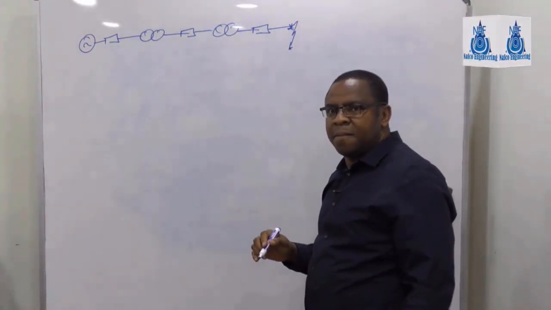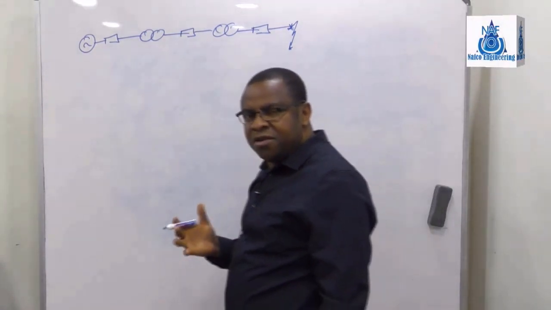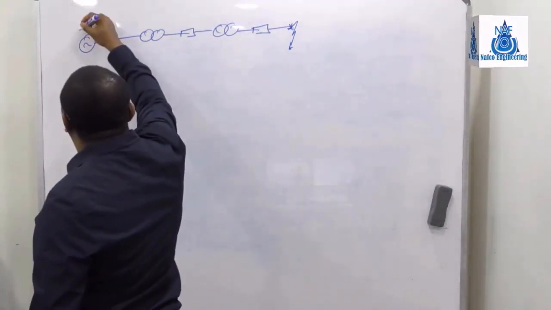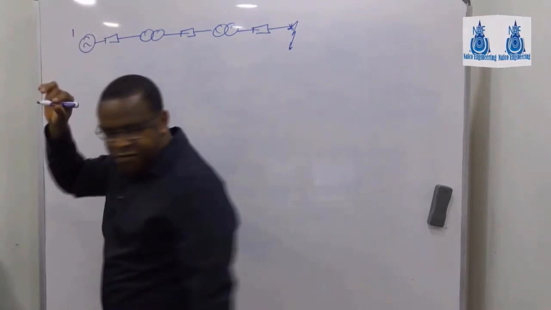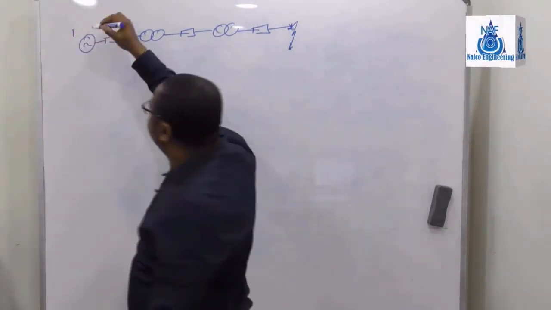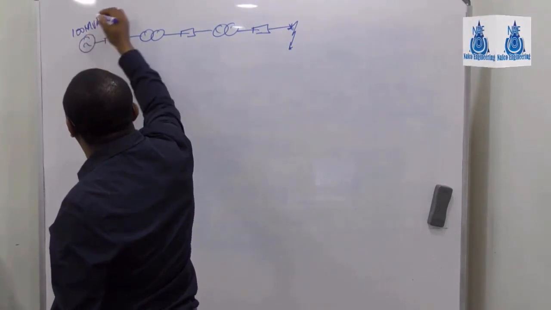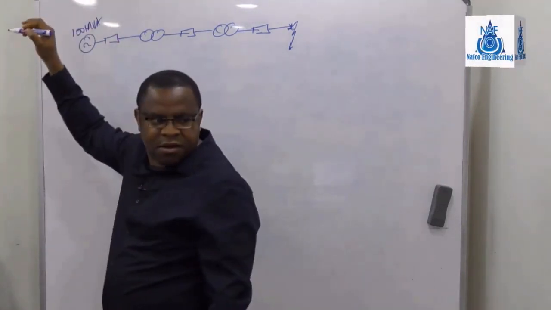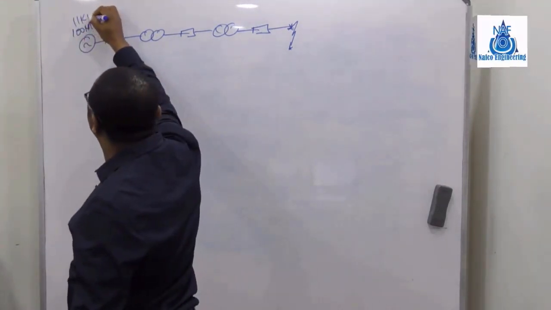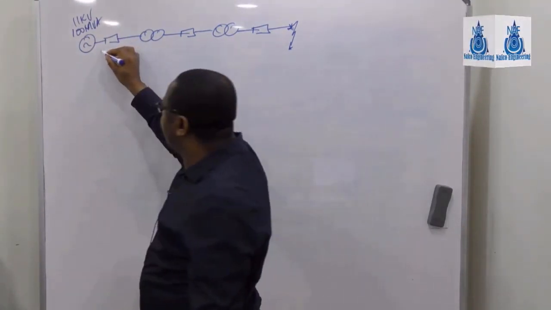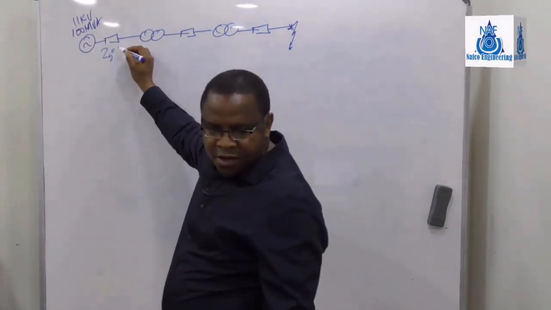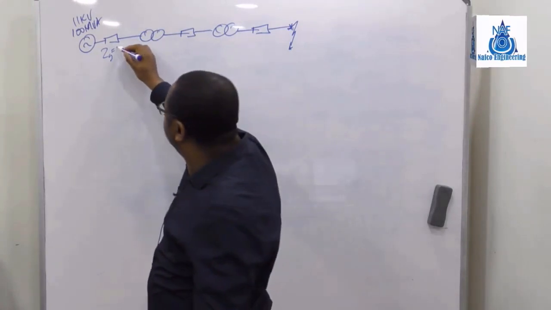All right? We're using per unit quantities. Now, this is 100 MVA, right? It's 100 MVA, 11 kV. And this is Z of the generator given to you as 0.3 per unit.